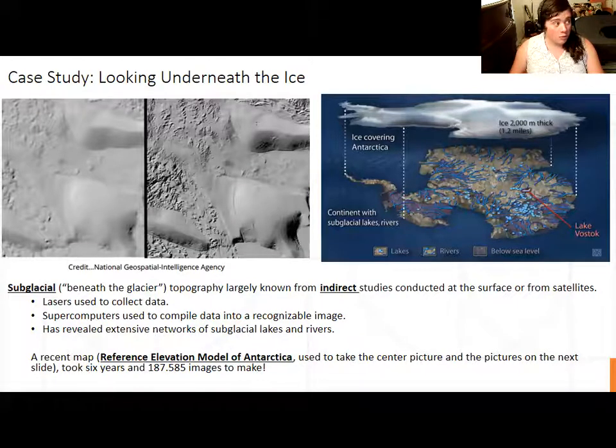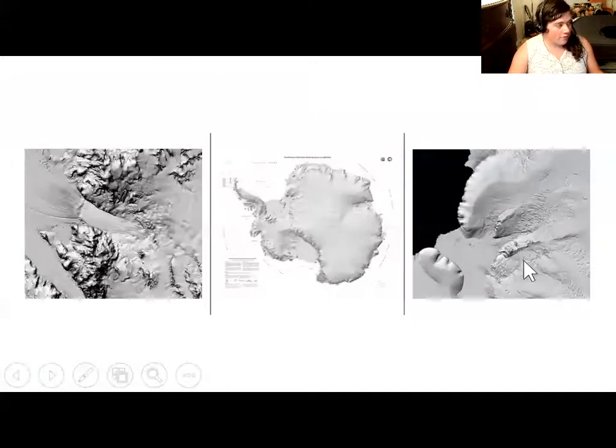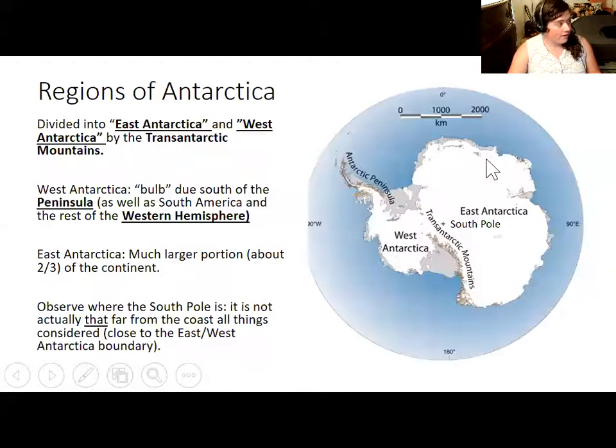We can have supercomputers that can compile the data and put them into a recognizable image. We can't really go under there, though. Our understanding of the ice is getting better with satellite technology and with supercomputers and with improved technology in general, but we can't really go under here. We can just try to look at what's under there and hope that our guess is reasonably accurate.